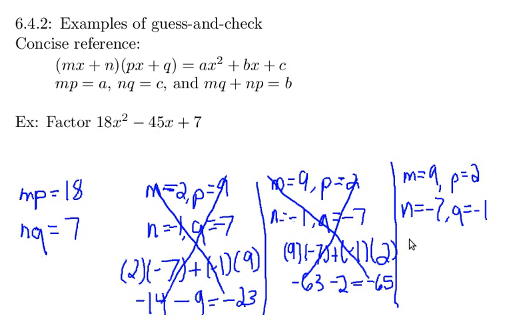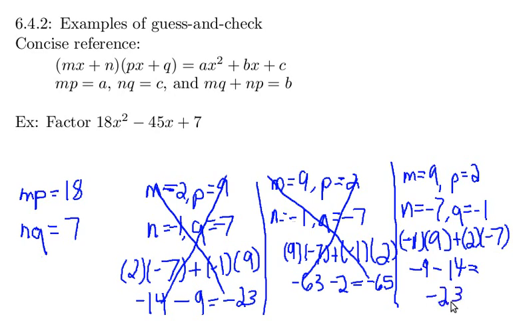Okay, so negative 1 times 9 plus 2 times negative 7. So that's negative 9 minus 14, and that's going to be negative 23.